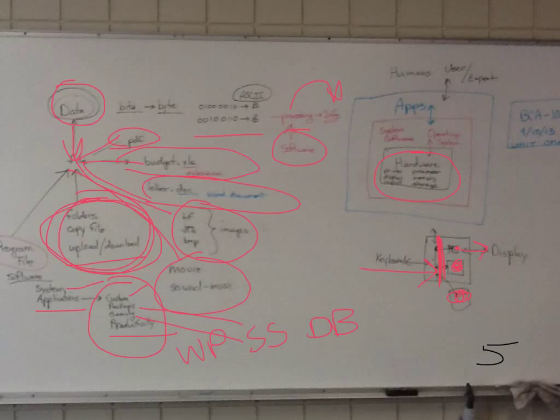We have output: the display, could be a printer, and could be speakers. All that hardware, the operating system software, that's what that says, system software communicates with that. The apps communicate with the operating system, and then us humans communicate with the app.